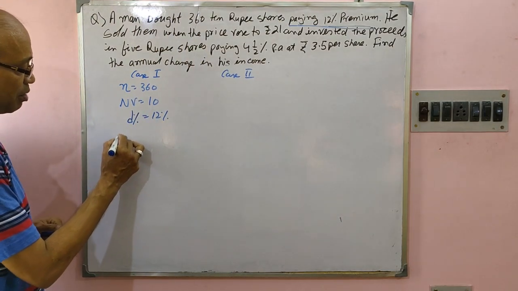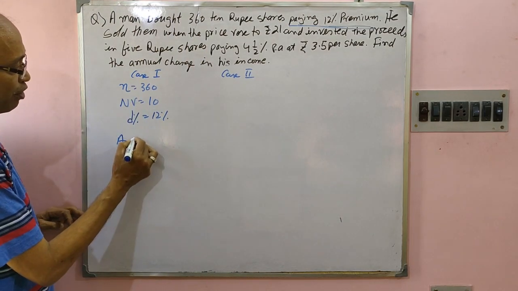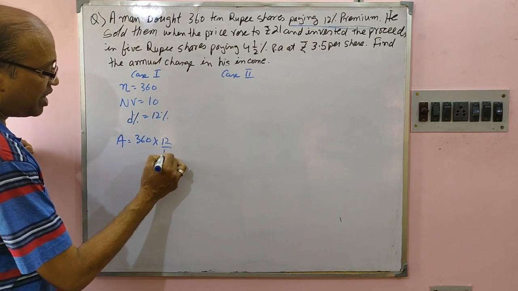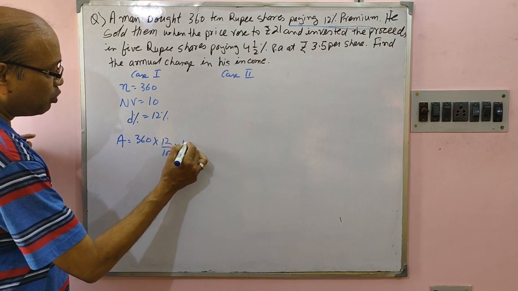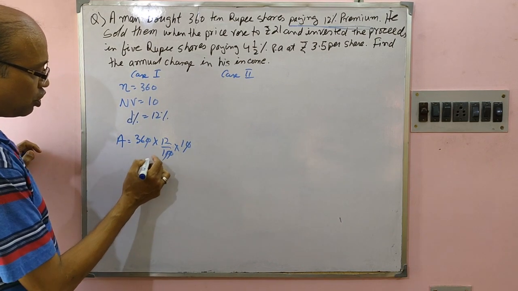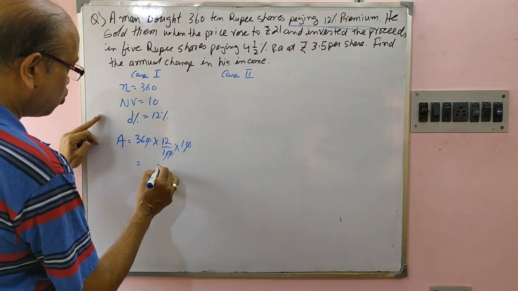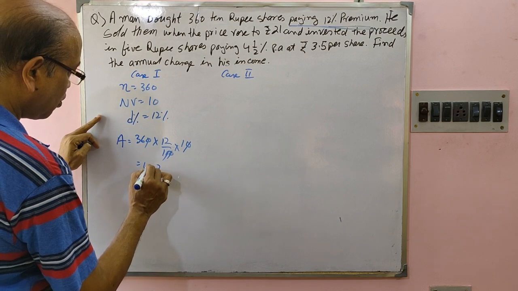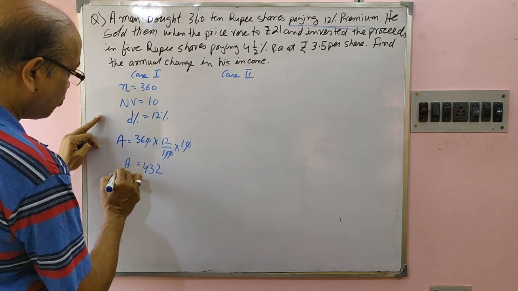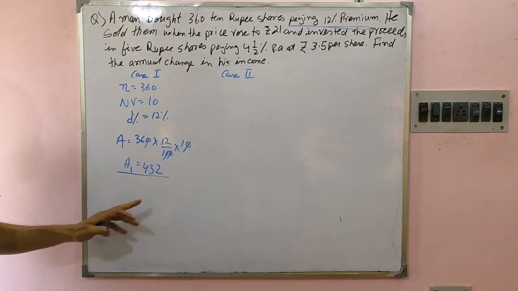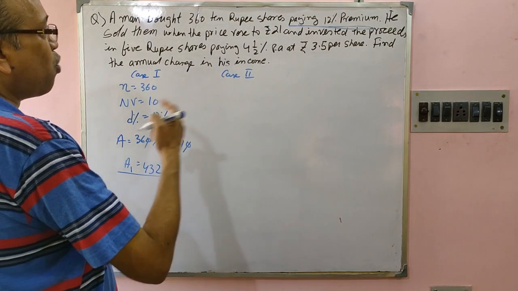Therefore, the annual income in this case will be number of shares 360 into D percent means 12 by 100 into nominal value 10. 12 6s are 72, 72, 12 3s are 36, 432. The annual income in case 1 is 432. Now, case 2, what is said?